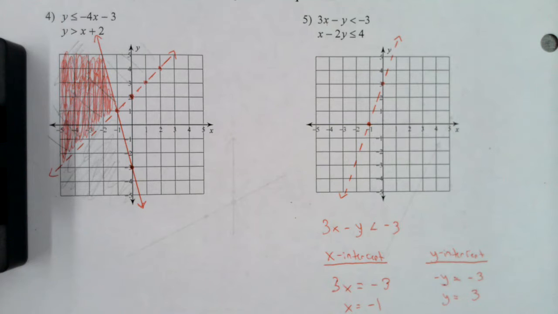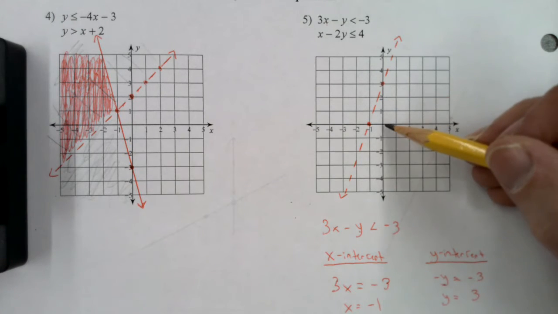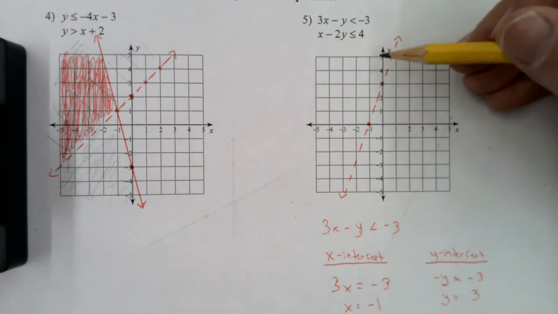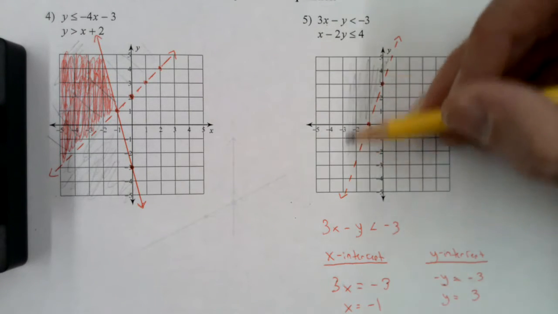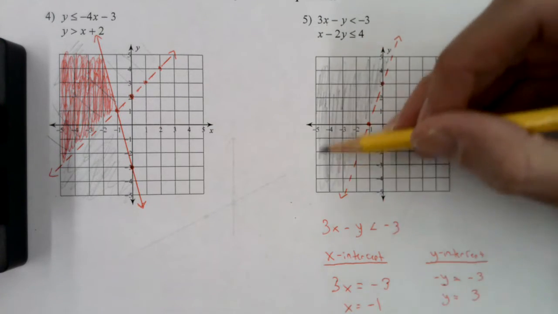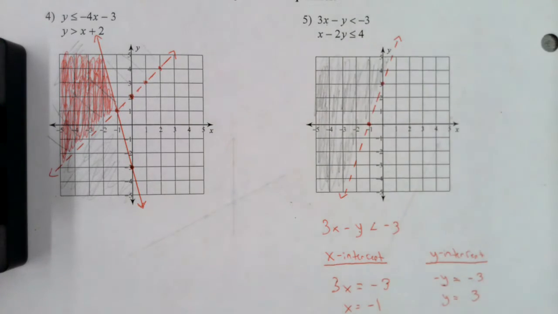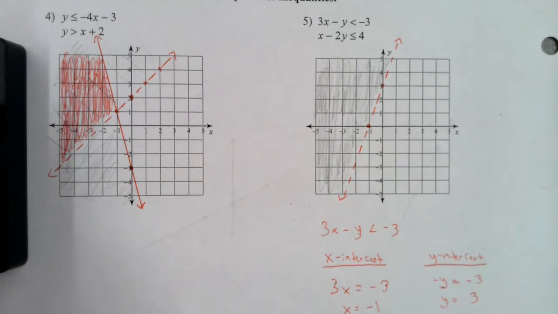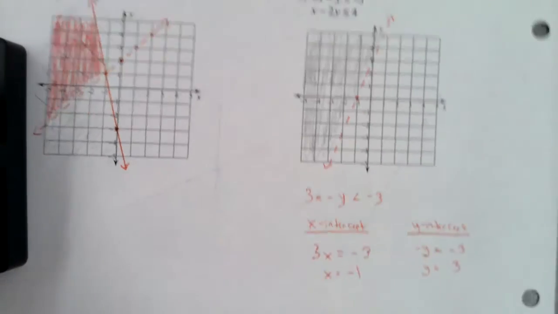The answer is no. So that means that your test point of 0, 0 is not a solution because it failed. So you want to shade the side of the line that does not have the test point. You want to shade up here. Okay. Let's move on to the other line.